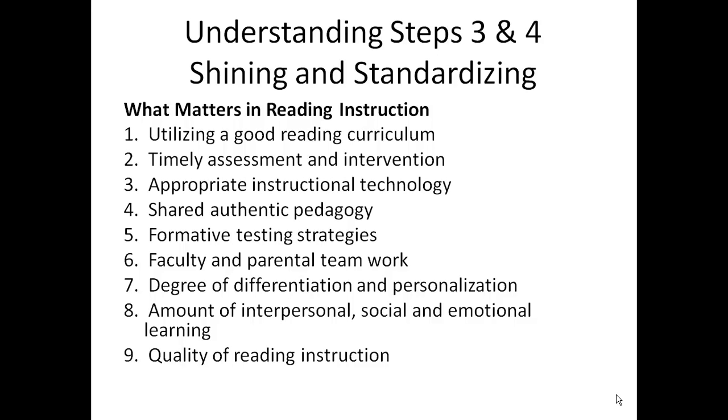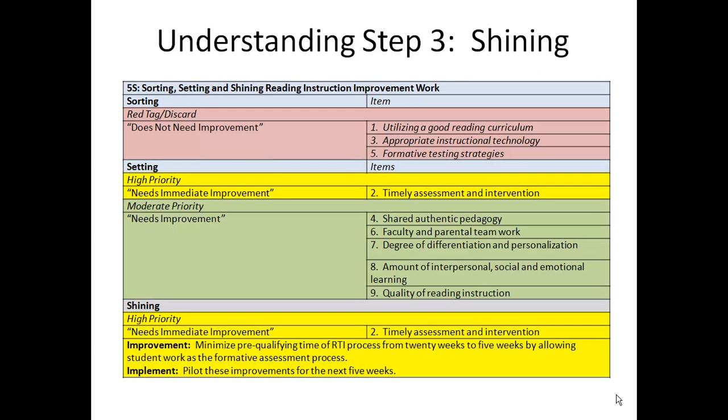It's just an example. So you'll have to contextualize this for your building in terms of figuring out what it is that we're trying to do. In this particular example, we have this list of 9 strategies that have been identified as mattering or making a difference in terms of reading instruction producing student achievement at the levels we're looking for in terms of improvement.